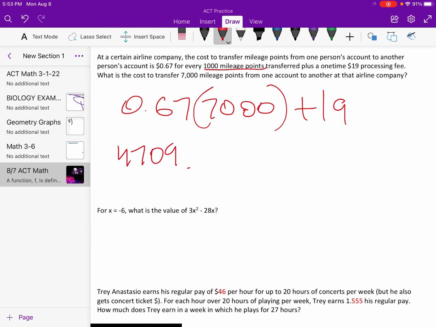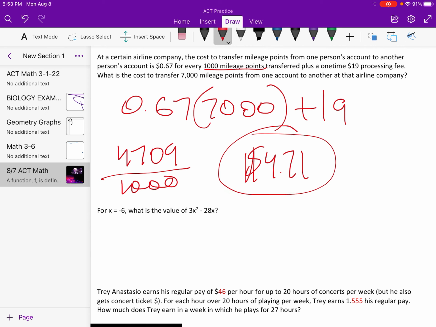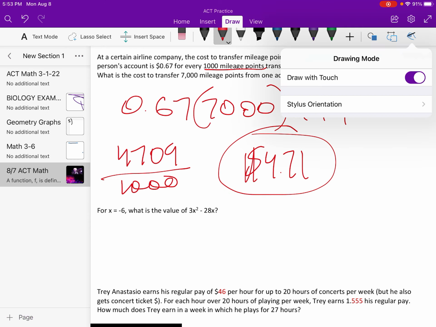And now we divide that by 1,000 because obviously that's not the real thing. So we divide that by 1,000. And what do you know? It would cost $4.71 approximately. So I'm sorry about that dumb thing.